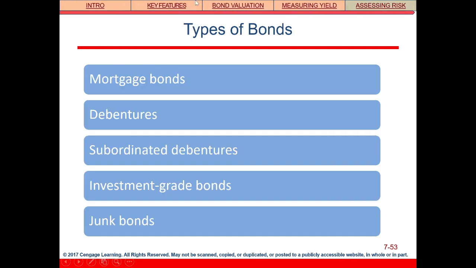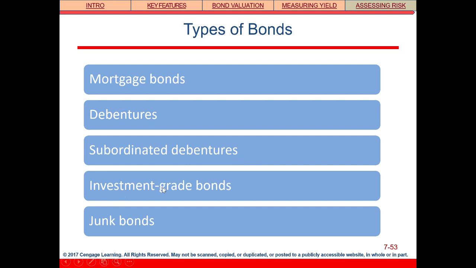We can categorize the bonds into different groups: mortgage bonds and debentures. Mortgage bonds have some collateral, like a house, right? The debentures don't have collateral. Subordinated debentures have even lower priority.